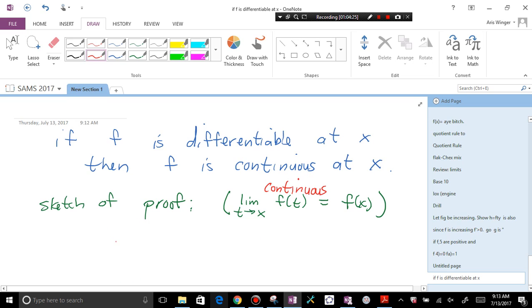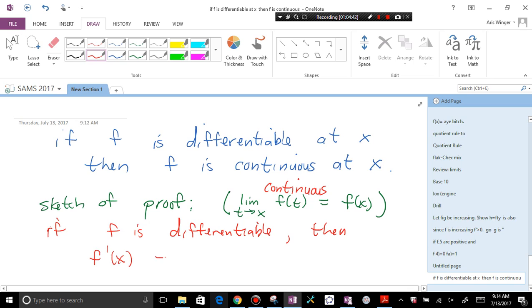And so now, let's suppose f is differentiable. Then what do I know? Then I know that f prime of x exists and it's equal to the limit as t tends to x of f of t minus f of x, all over t minus x.